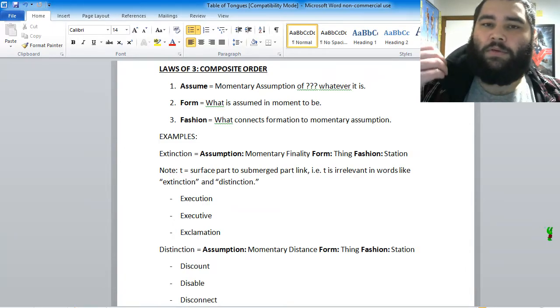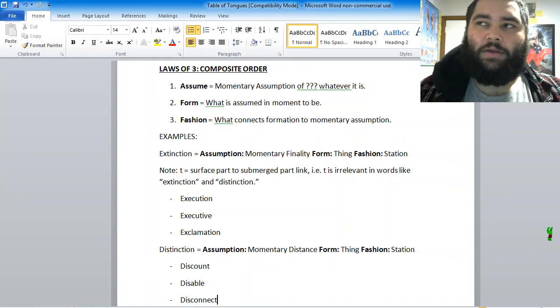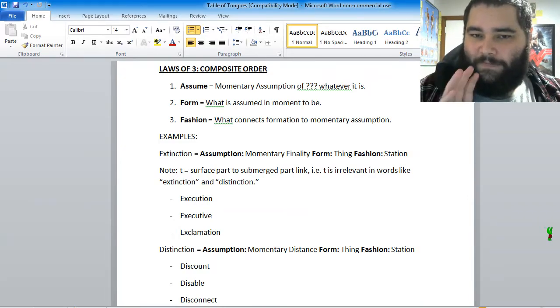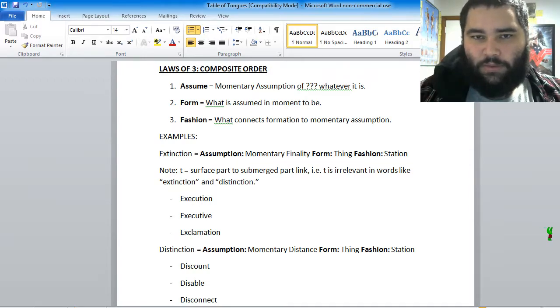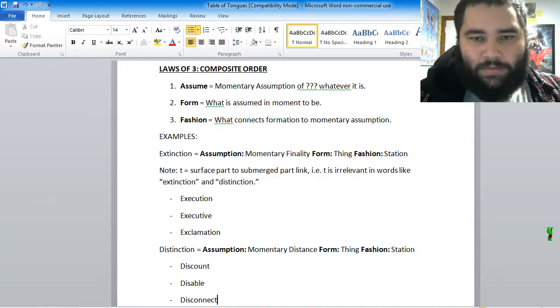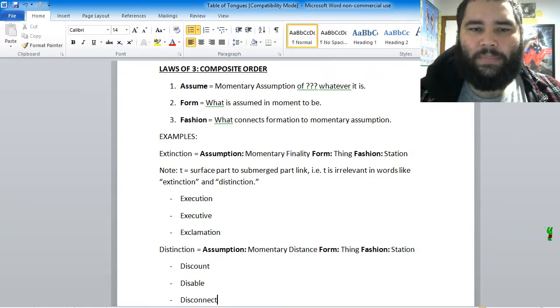If you're going towards something that is unfamiliar to you, moving towards sophistication of language, the first thing I've identified that is going to occur is you're going to make an assumption in the moment of what is. That's why the first law is assume.